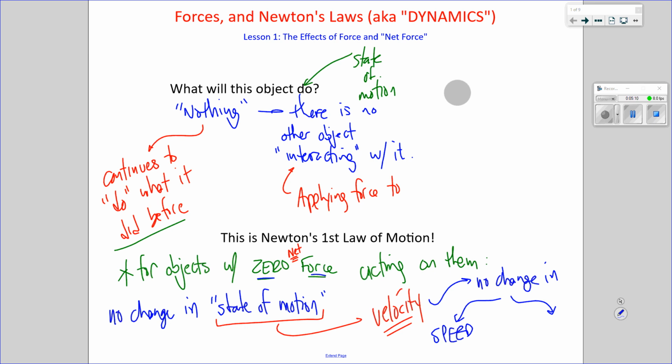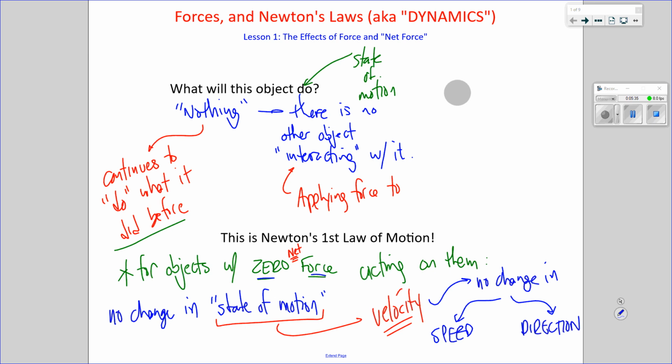It also can't change direction. So objects that experience zero total force maintain constant velocities. And that velocity might be the number zero, or it might be something else.